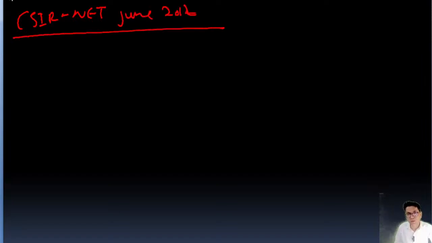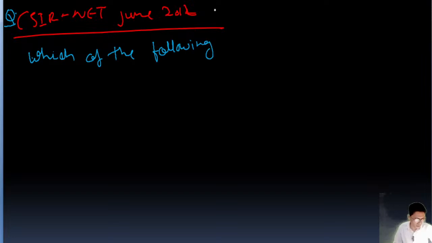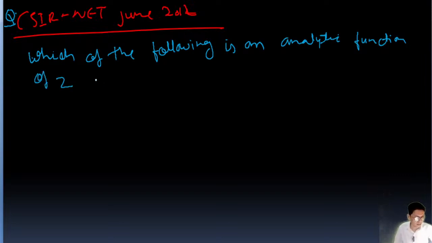The question is: which of the following is an analytic function of z in the domain |z| less than or equal to 2?